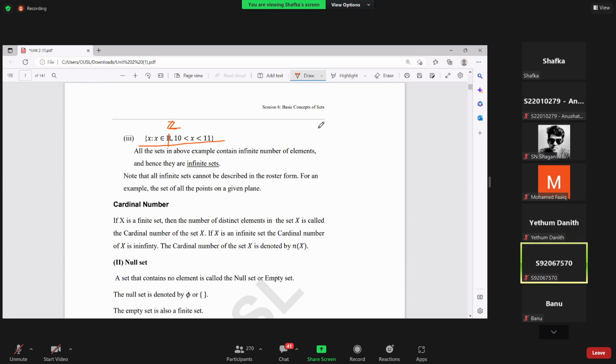Only one? There are no elements. What did you say? No elements. Yes, there are no elements. In between 10 and 11, there are no integers. Okay.